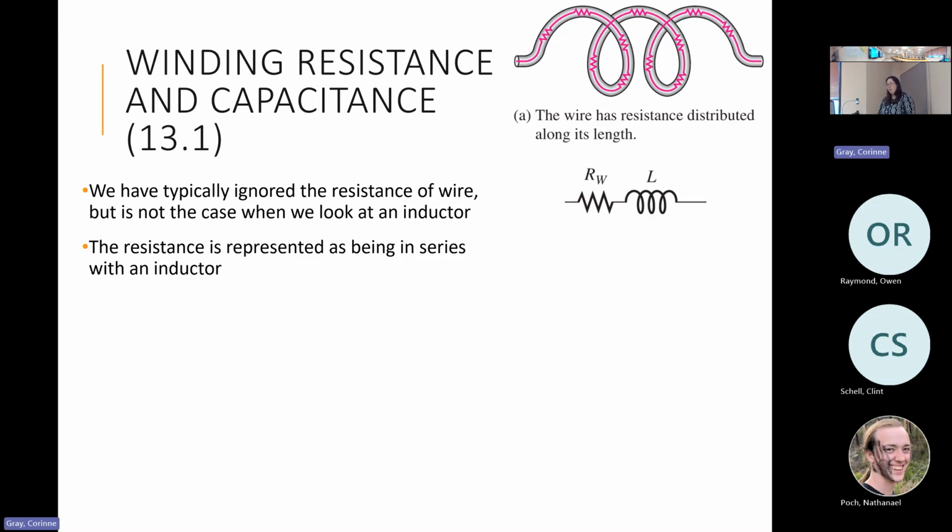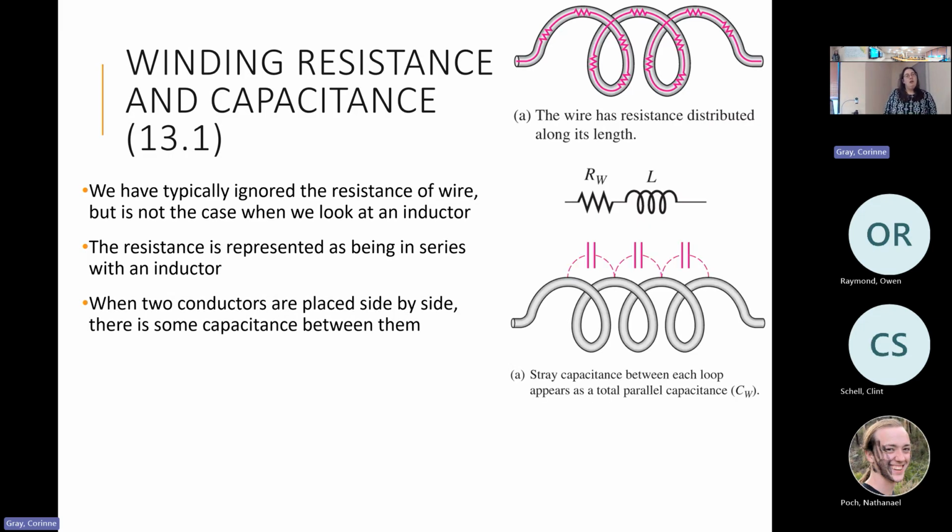Because with our inductors, because of how we have our coils, it kind of looks like a bunch of little parallel plate capacitors.